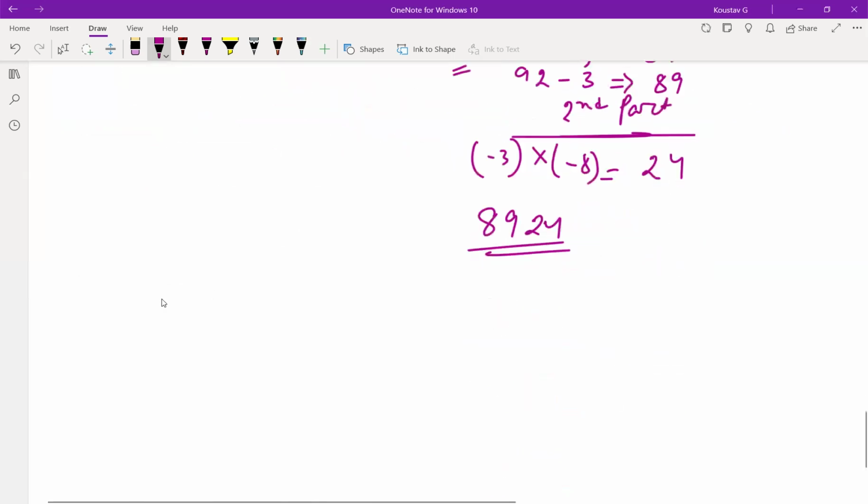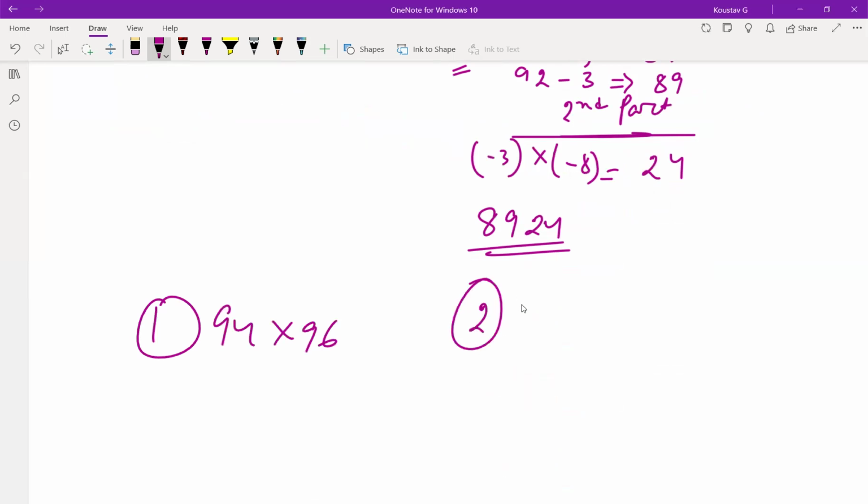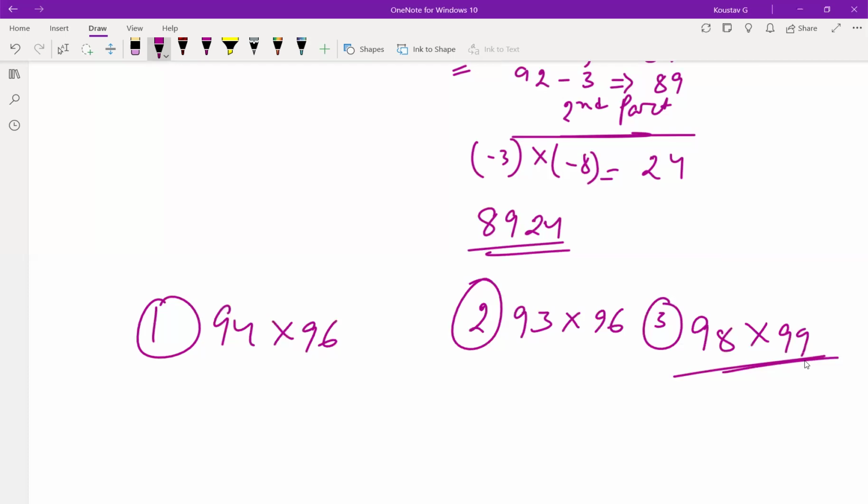Suppose just do 94 multiplied by 96. Second, 93 multiplied by 96, and question number 3, 98 multiplied by 99.